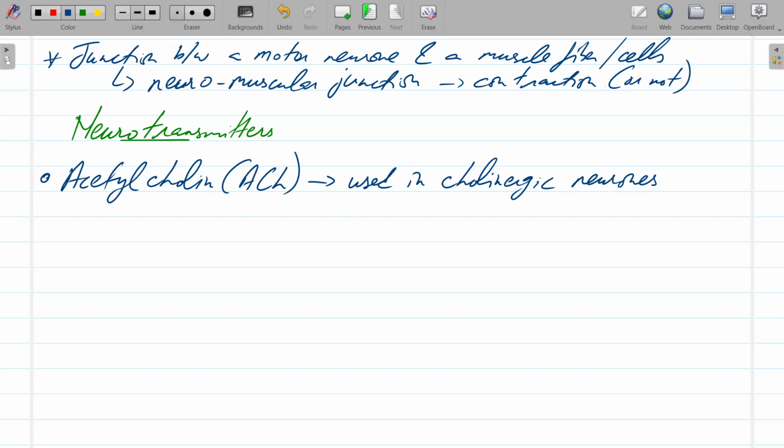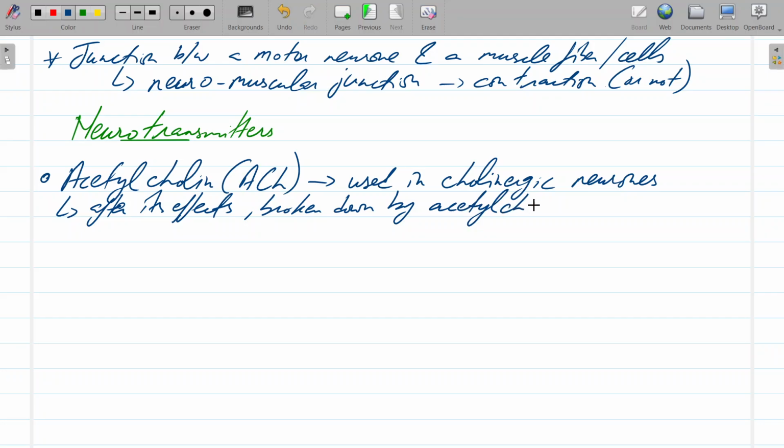And once it has done its job, after its effects, it is broken down by the enzyme acetylcholinesterase.